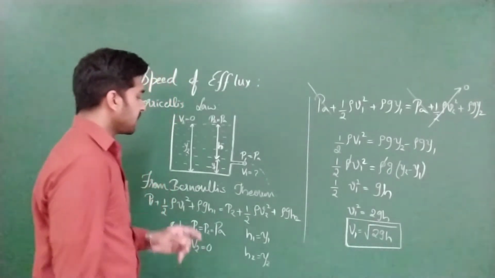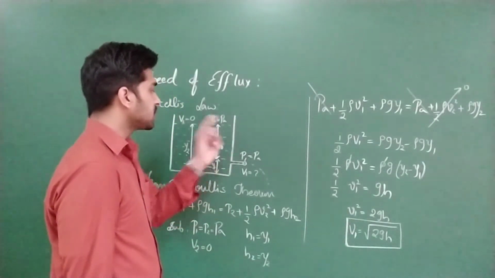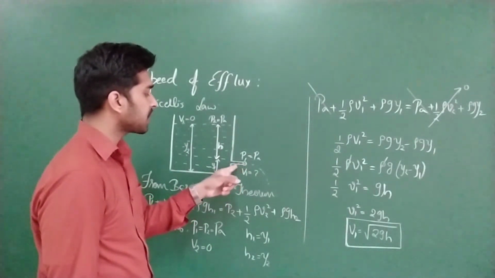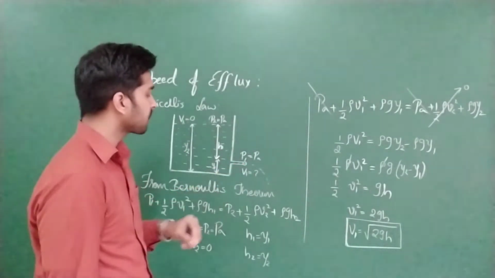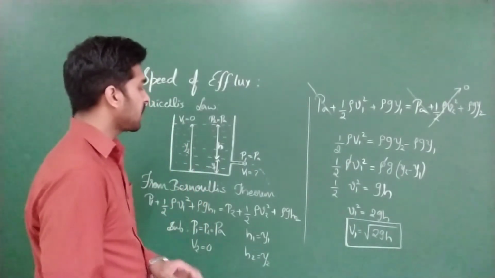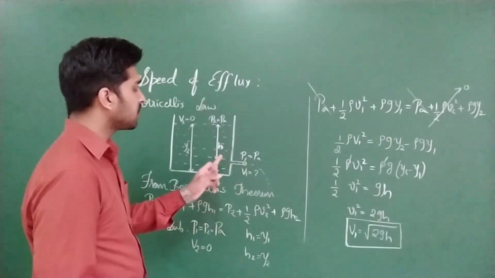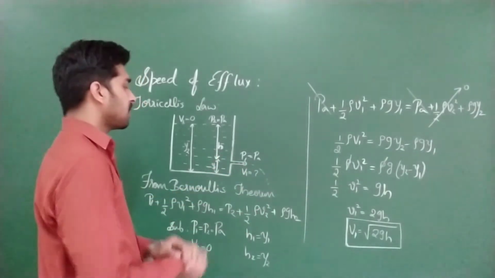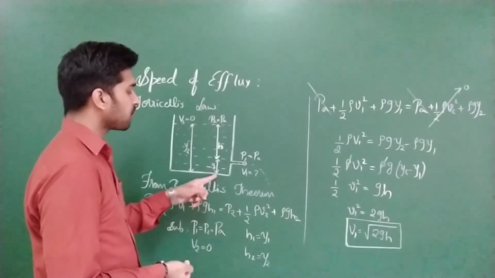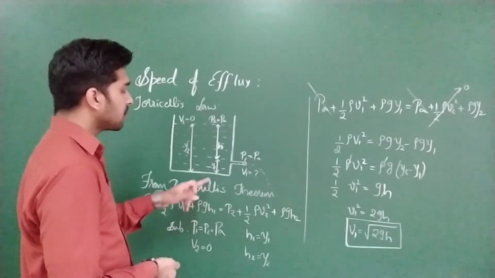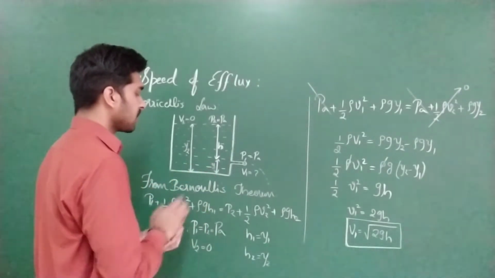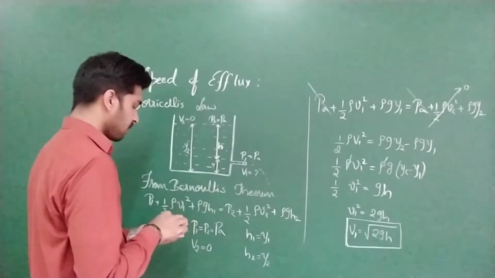So first of all, what we had assumed? We had assumed a tank which is filled with liquid, and which is having an ejection, or what we can call an outlet over here. First of all, it is completely filled with liquid, and from this outlet the water will start flowing outside. From the base of the vessel to this outlet, we are considering it as Y1.